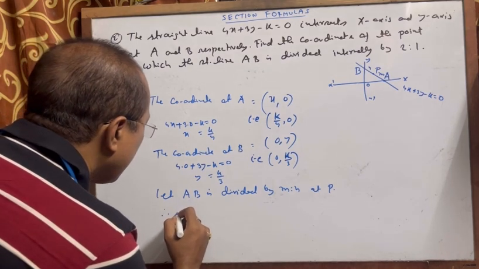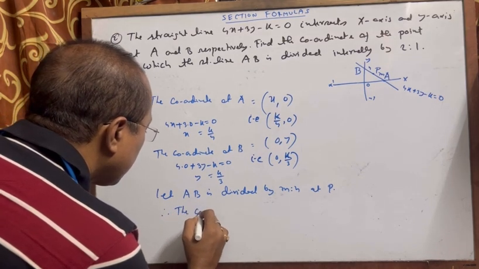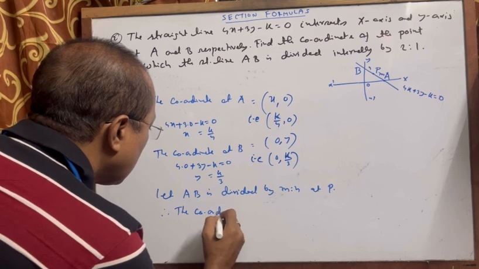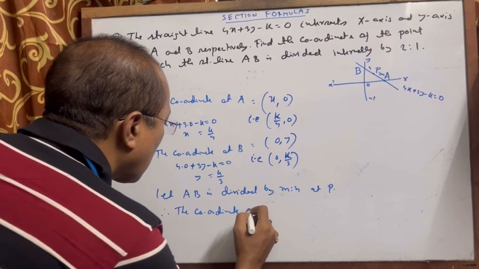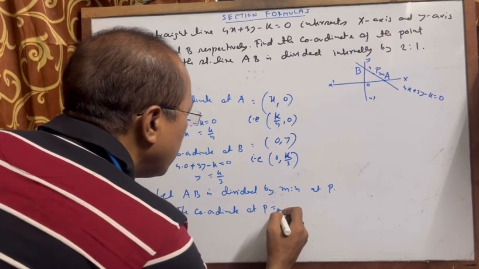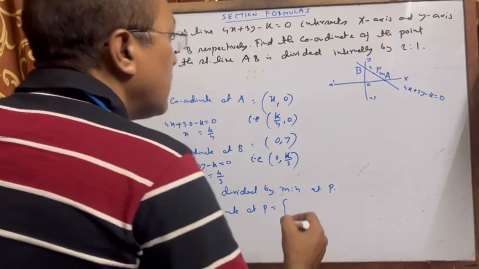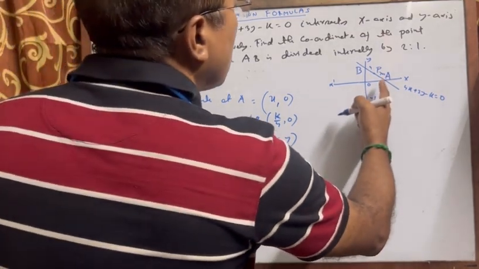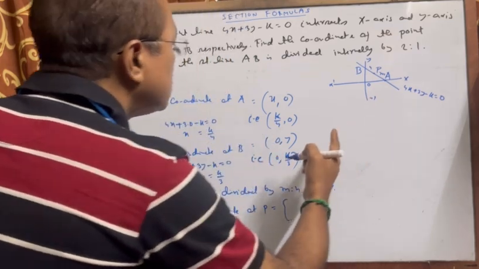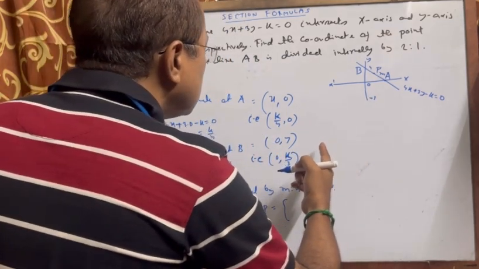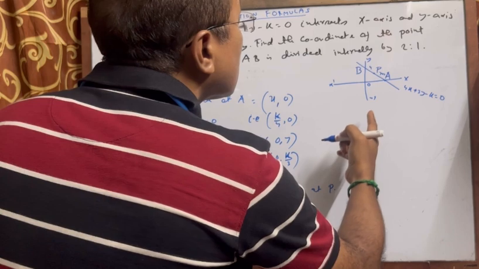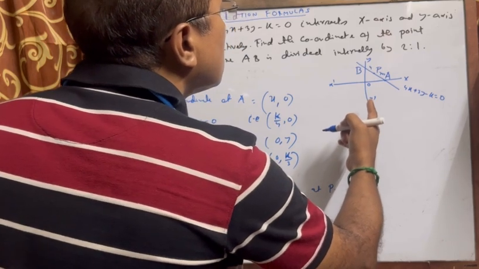Therefore, the coordinate at P will be mx2 plus nx1 by m plus n.